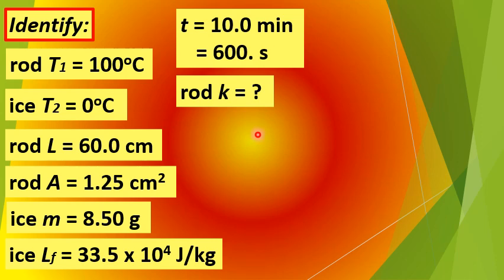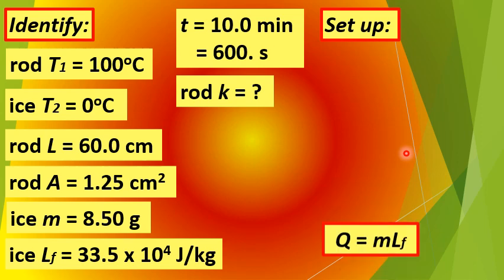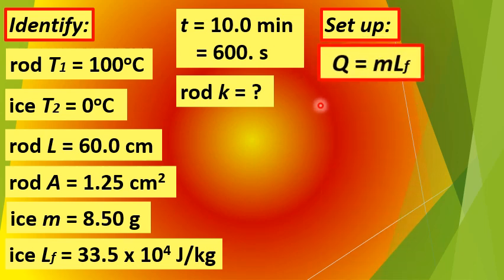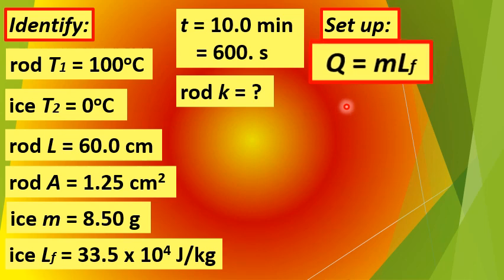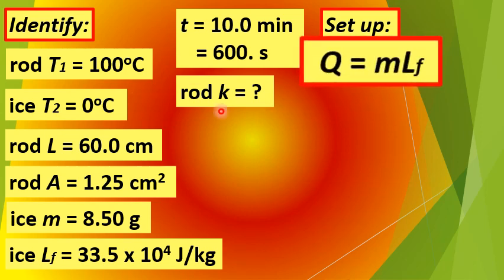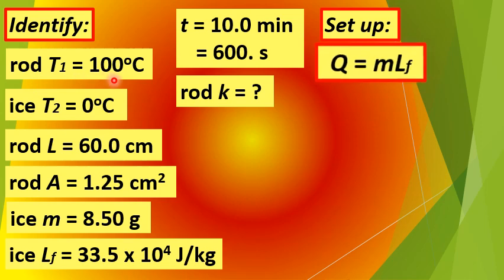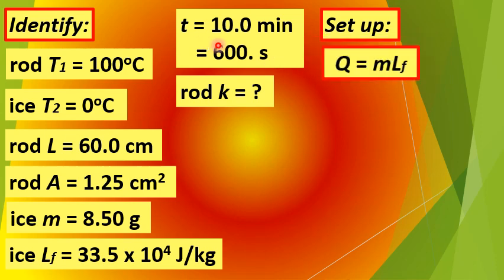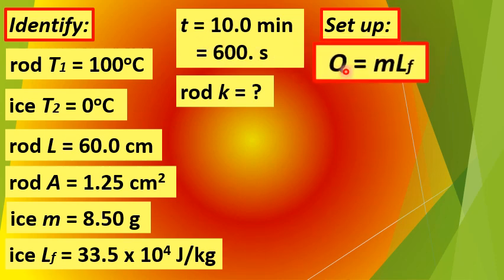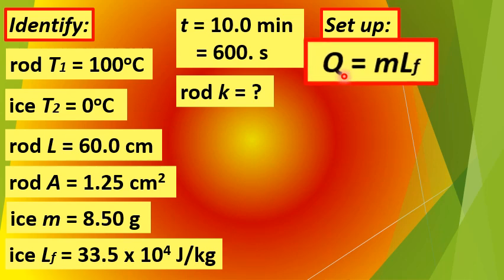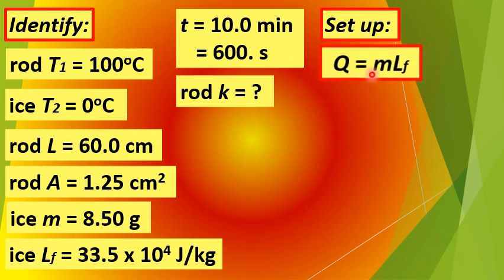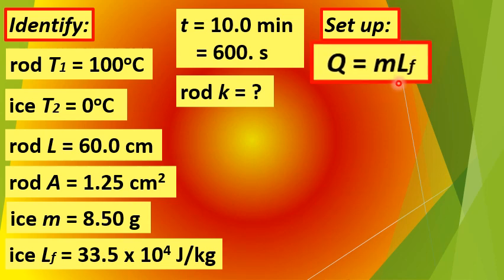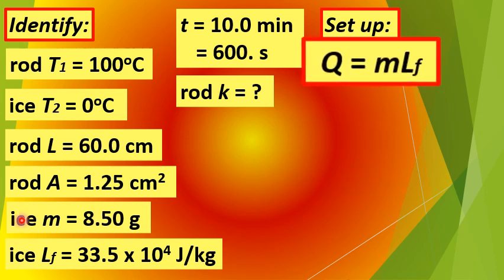So for our formulas or equations, first, we need to know the amount of heat that is conducted from the hotter end of the rod to the cooler end of the rod in a time of 600 seconds. That is equivalent to the amount of heat or thermal energy responsible for melting this amount of ice.